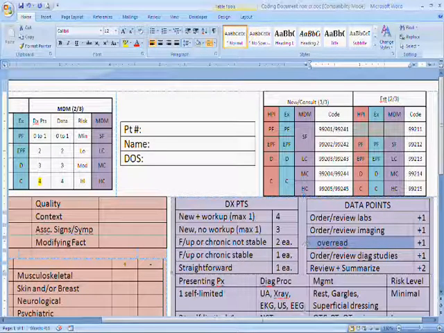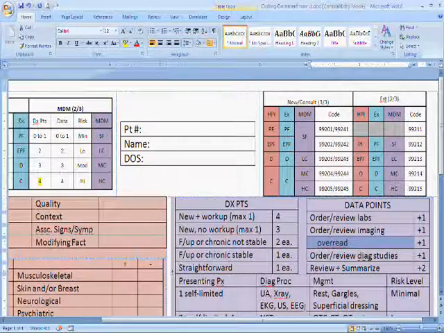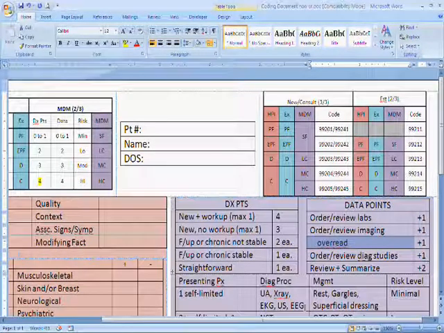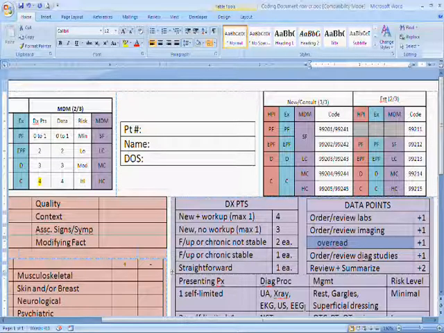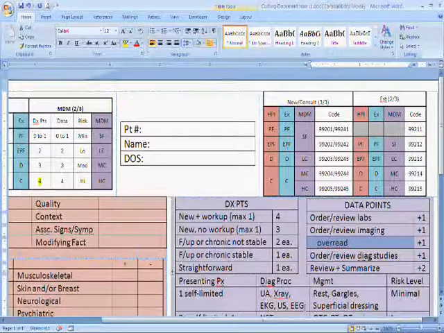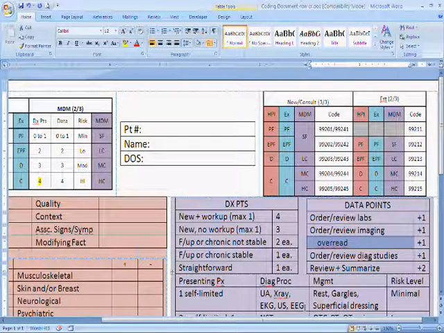This overread, I want to explain that. The technical term that you'll find in the guidelines is independent review. So if somebody comes in for, the best example I think is an x-ray, and the physician takes the x-ray, looks at it, gives his clinical impression in the note, and then sends it to a radiologist to confirm the findings or to find his own findings, that is called an independent review.